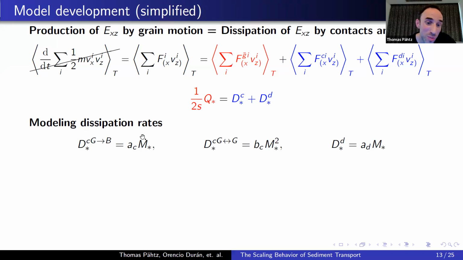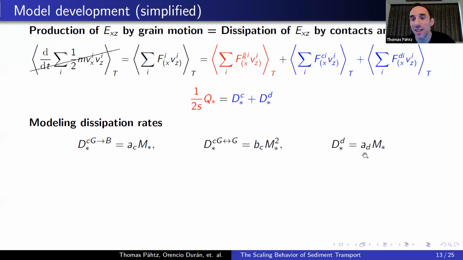For grain-grain collisions, we have two grains in transport colliding. They have to be at the same place, so the probability is the number of particles squared. That's why you get m star squared.